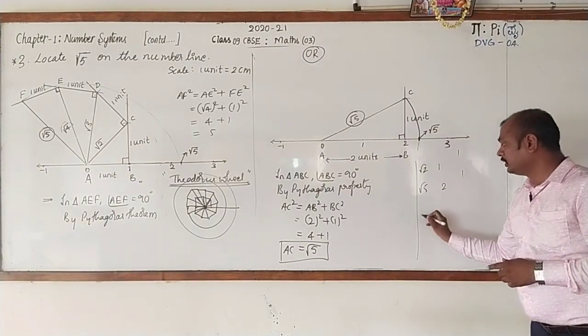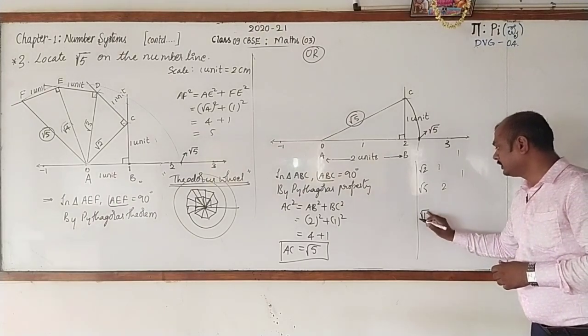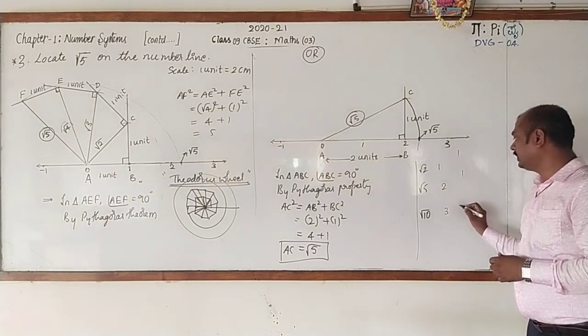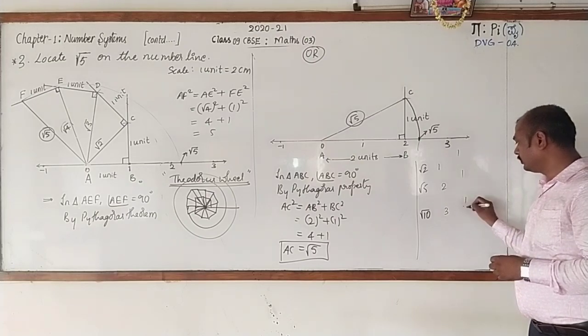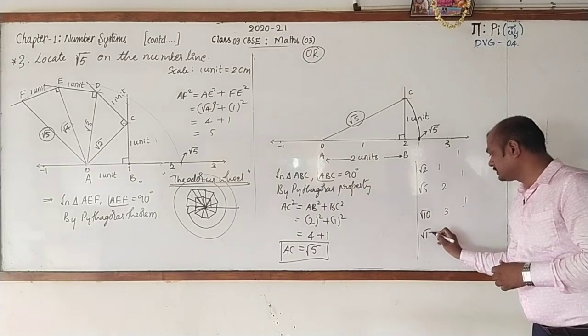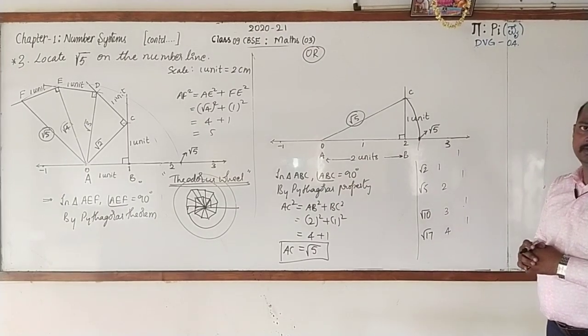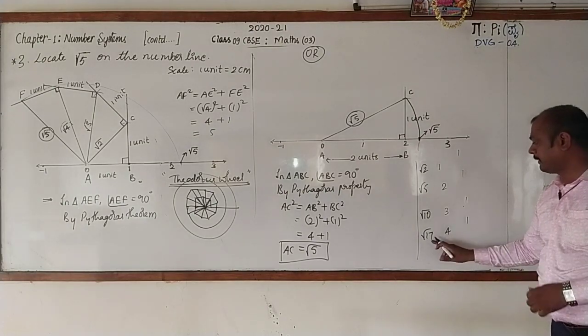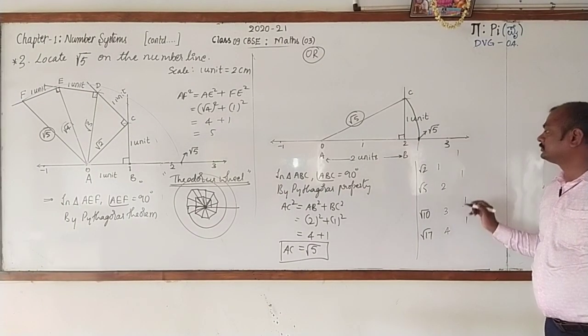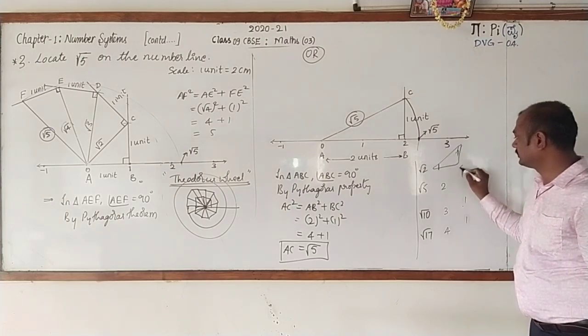Likewise, to represent root 10, 3 and 1 unit should be taken. To represent root 17, 4 and 1 should be taken. Got it? Please do remember this.